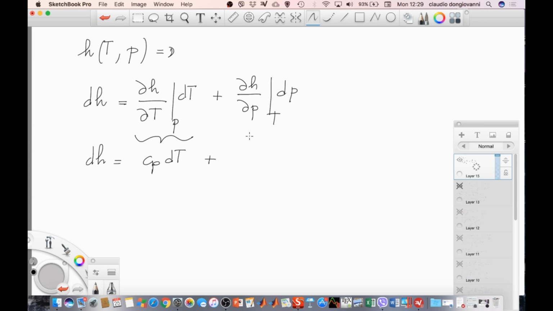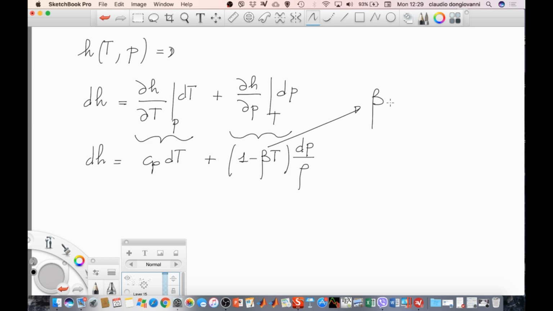The second one is (1 minus beta T) dP over rho, where beta is defined as 1 over v, dv over dT at constant pressure.